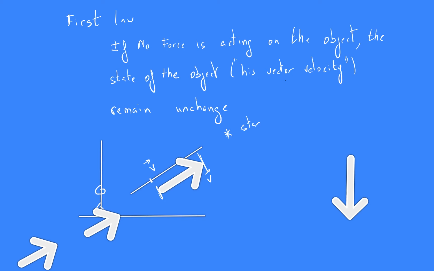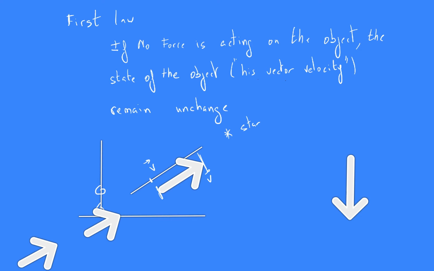If this is happening, it's because nothing is acting on the body. To make a change in the direction of the velocity, or to make a change in the magnitude of the velocity, you need a force.